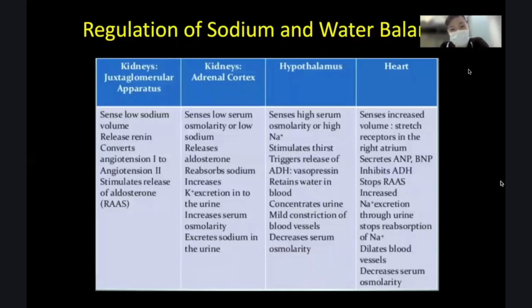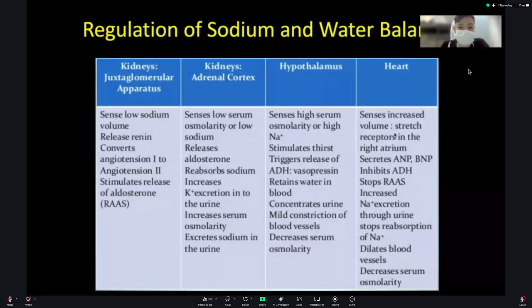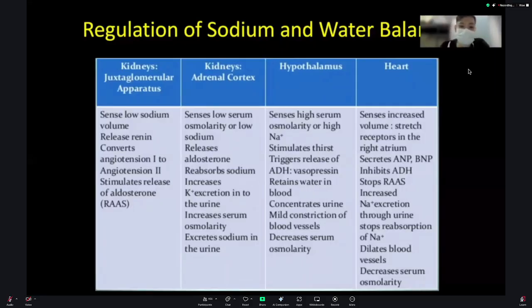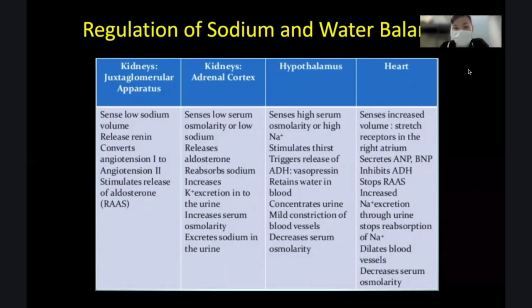So, as I mentioned earlier, sodium is the major cation or the major solute that will determine fluid balance. So, these are the different organ systems that sense decrease in sodium concentration, the osmoreceptors, as well as baroreceptors, and how they would react.